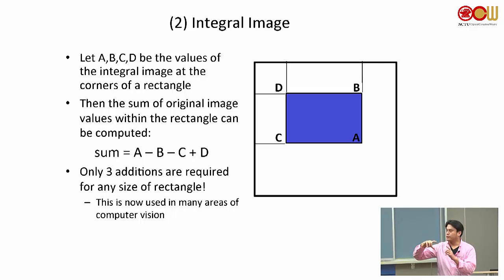I can just do A plus D minus B minus C. Okay, and I can compute the sum of the blue area. I use only 3 operations, and you can compute the sum of this rectangle. So in that case, it is great for the Haar-like features because all the features are some combination of rectangles.